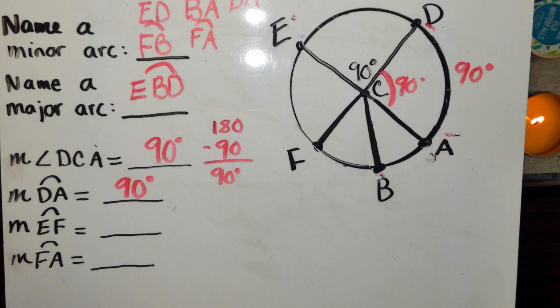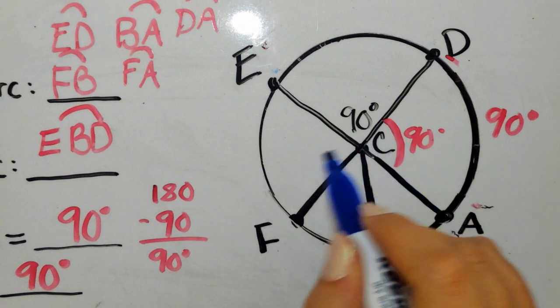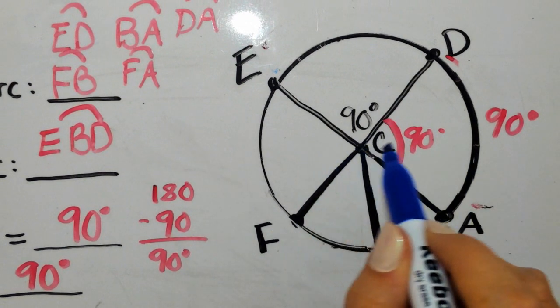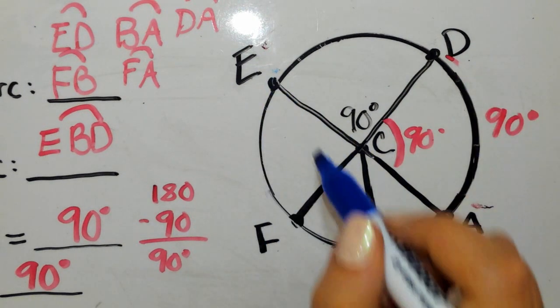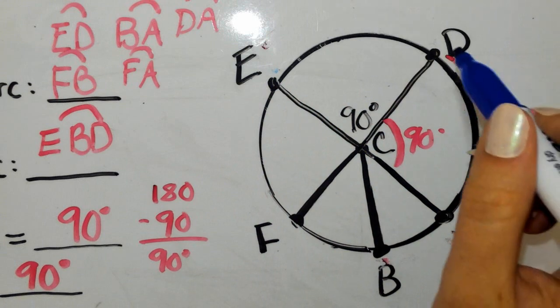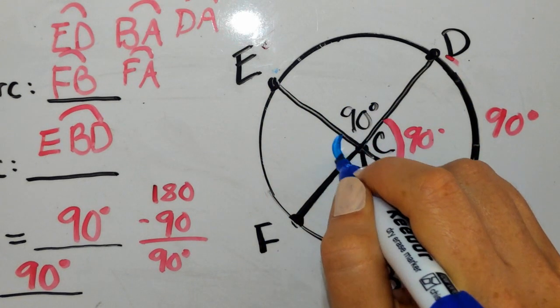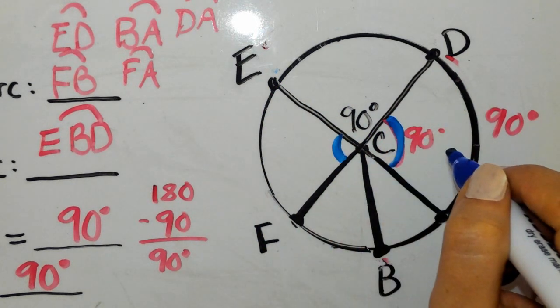We have learned in the past that vertical angles are congruent to each other. Vertical angles are angles that are straight across from each other when you have two intersecting lines. So we have this line EA and this line FD that are intersecting each other. That means that this angle and this angle are vertical.